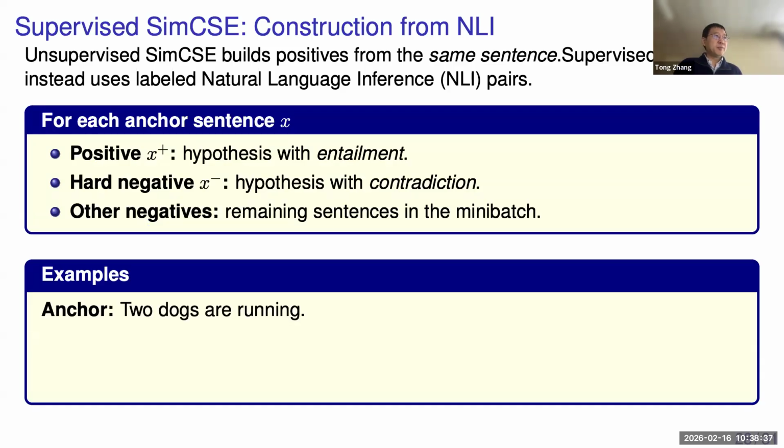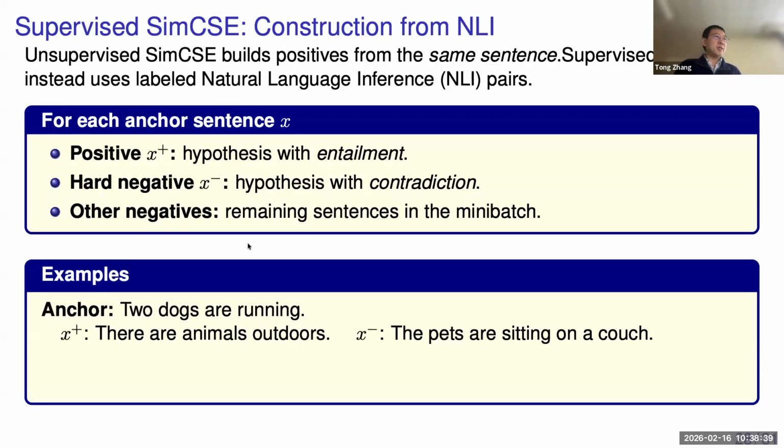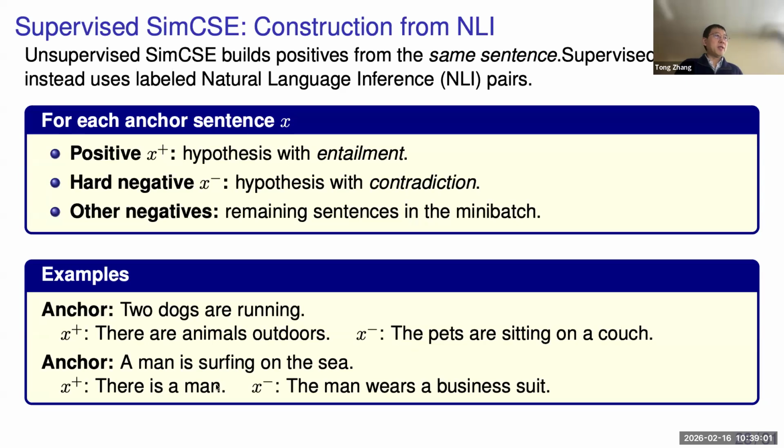So for example, two dogs are running. You can say there are animals outside. This is implied. But these pets are sitting on a couch. Then certainly it's negative, because it's not entailed by the anchor. Another anchor: A is surfing on the sea. There is a man, so that's certainly inferred, whereas a business suit is not, because it has nothing to do with it.